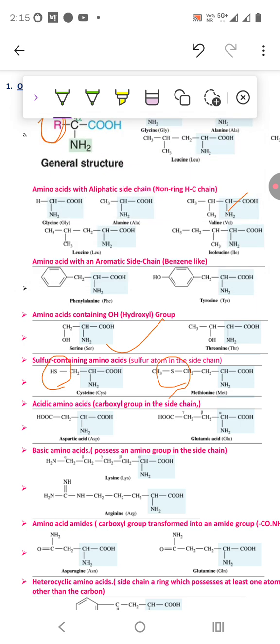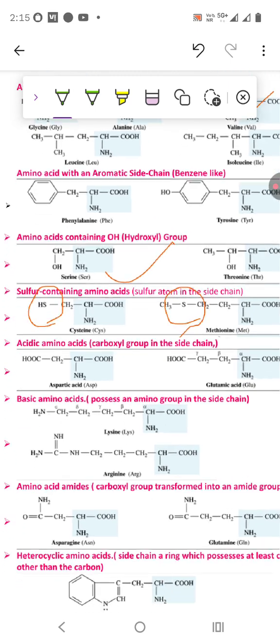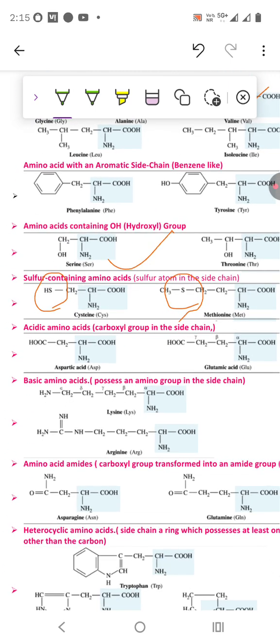Next, acidic amino acids. Acidic amino acids refers to those that contain a carboxylic acid group in the side chain. We all know that amino acid contains a carboxylic acid, but acidic amino acid means an additional carboxylic acid group is present in the side chain. That's why we call it acidic amino acids.